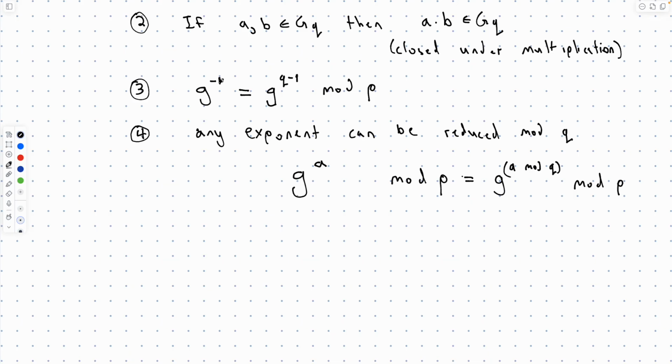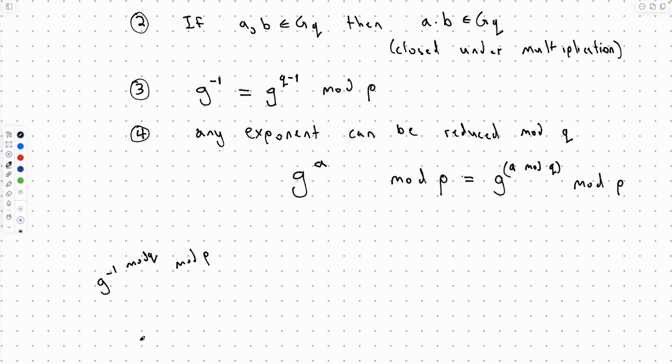What's minus 1 mod q? So I have g to the minus 1. If I wanted, I could do mod q, mod p. Okay? Set that aside for a second. I have a clock. I add 12 hours to it. Does it change the time?